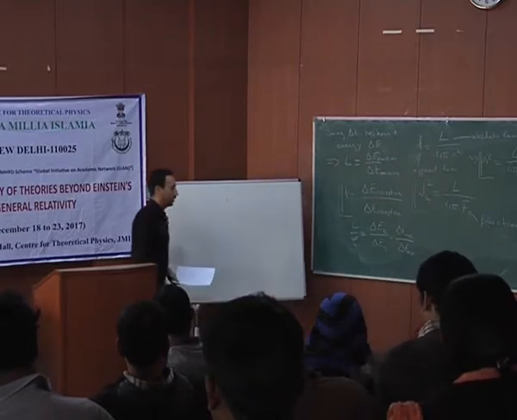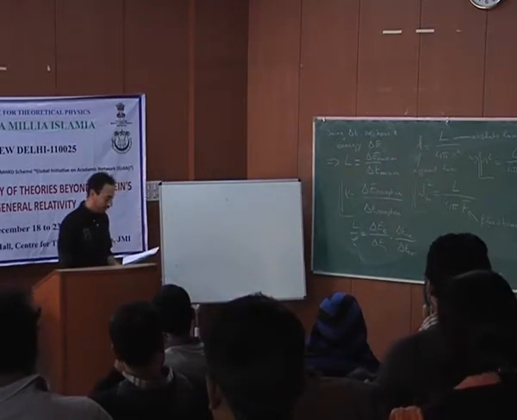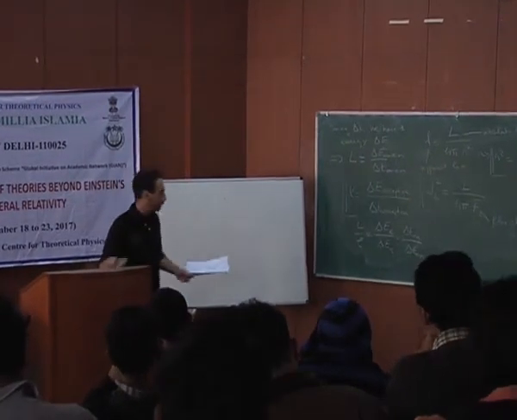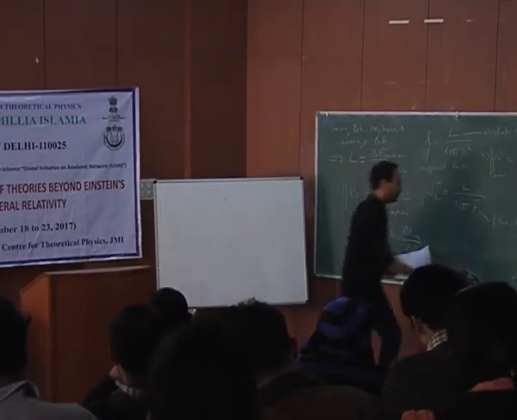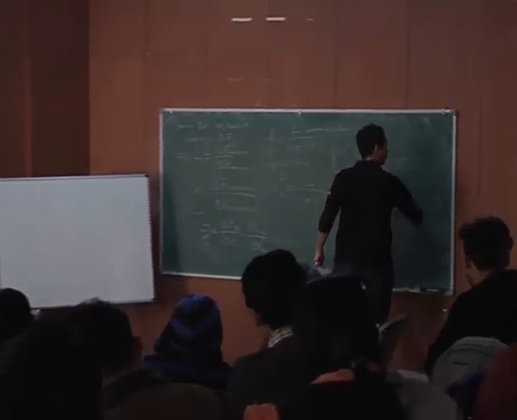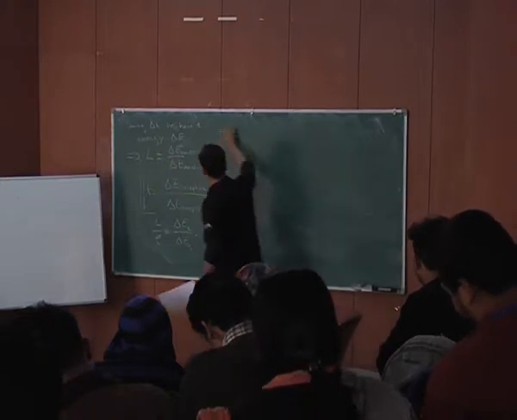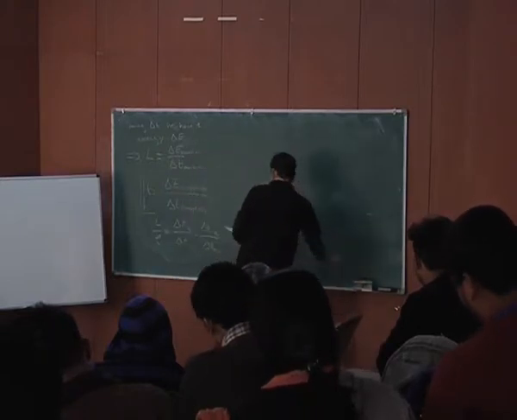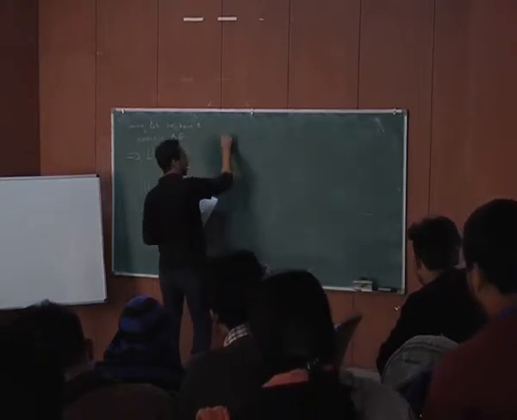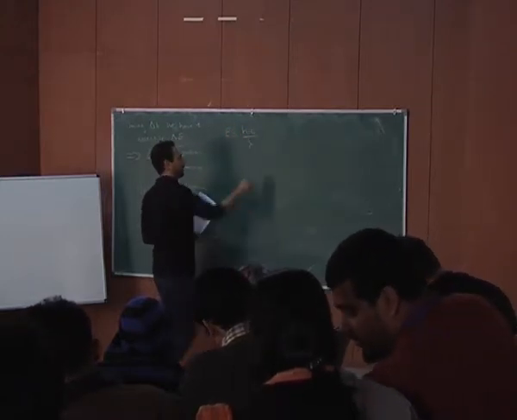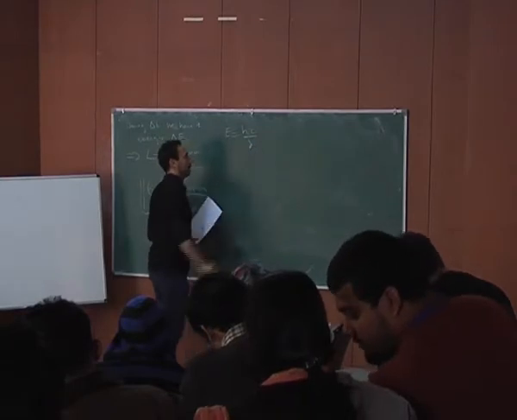Okay. So we have to calculate this, and this is the main thing, how to calculate this. One is simple, it is just the variation. We know that the energy which comes from a photon is hc divided by lambda.